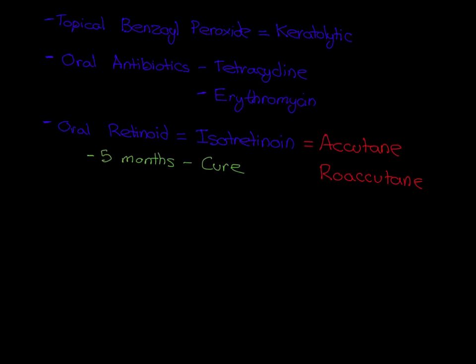Some things that you must say about isotretinoin: it is the last resort treatment for acne, and the reason for that is that it is a serious drug to take. It can have side effects. It will have side effects.